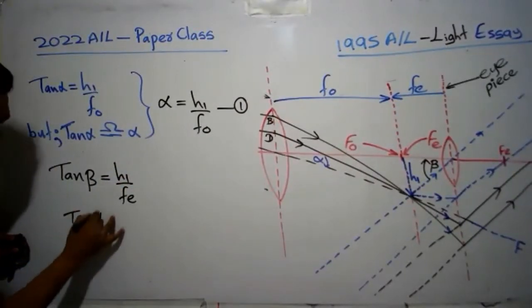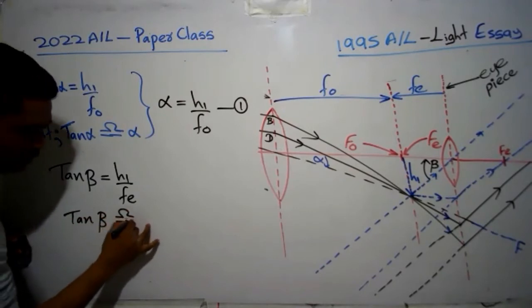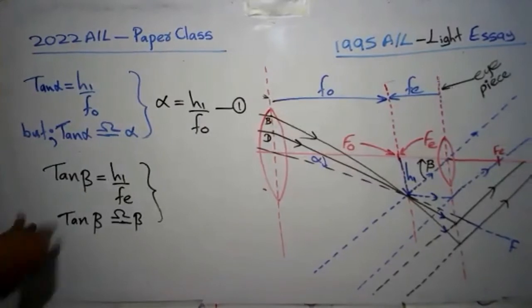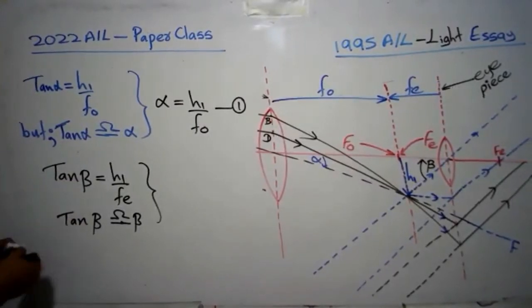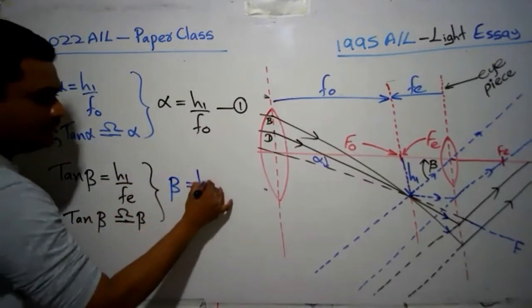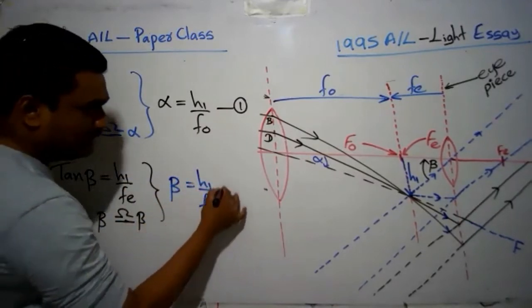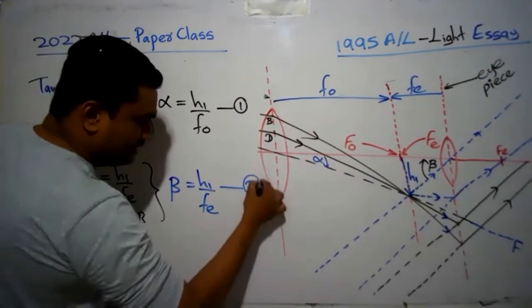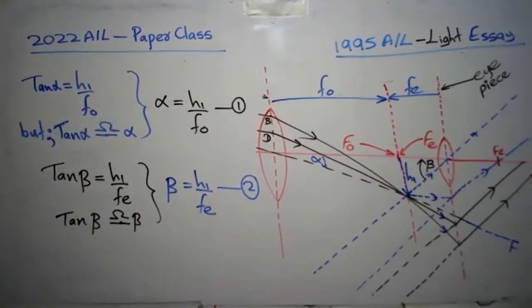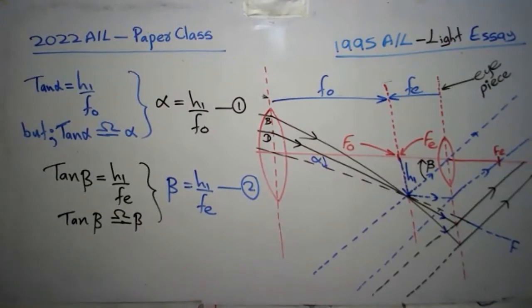Similarly, tan beta is approximately equal to beta because beta is very small. Therefore beta equals H1 over FE, and mark it as the second equation. Complete. So like this, you have to draw the ray diagram and prove the equation.